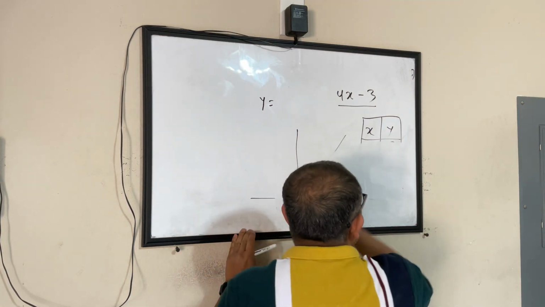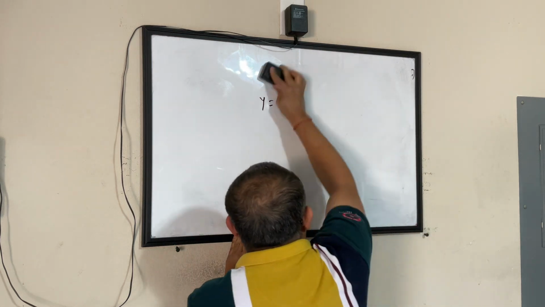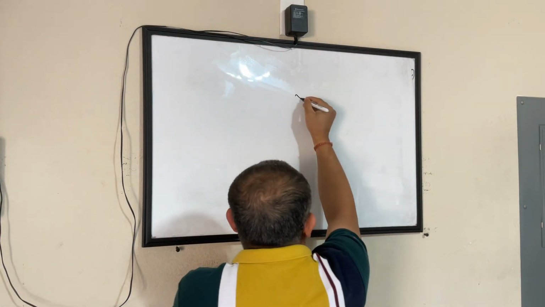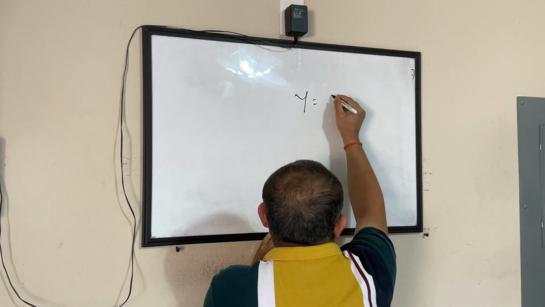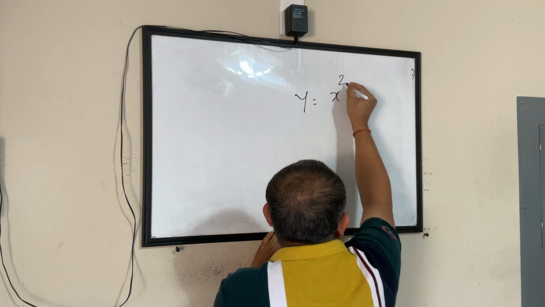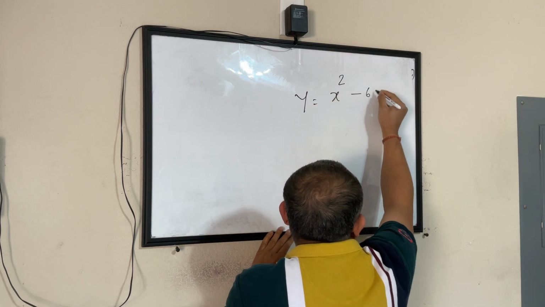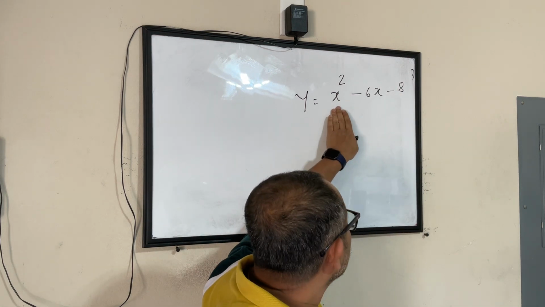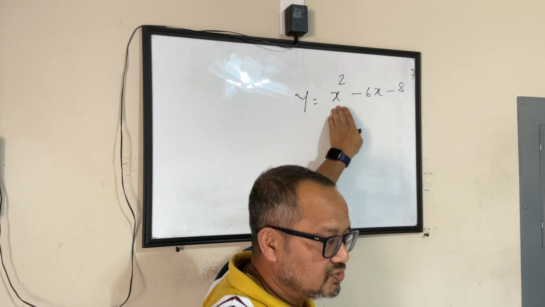Now, what happens when we talk about plotting a quadratic equation? So first of all, what is a quadratic equation? A quadratic equation is an equation where the maximum power of the variable x is 2.